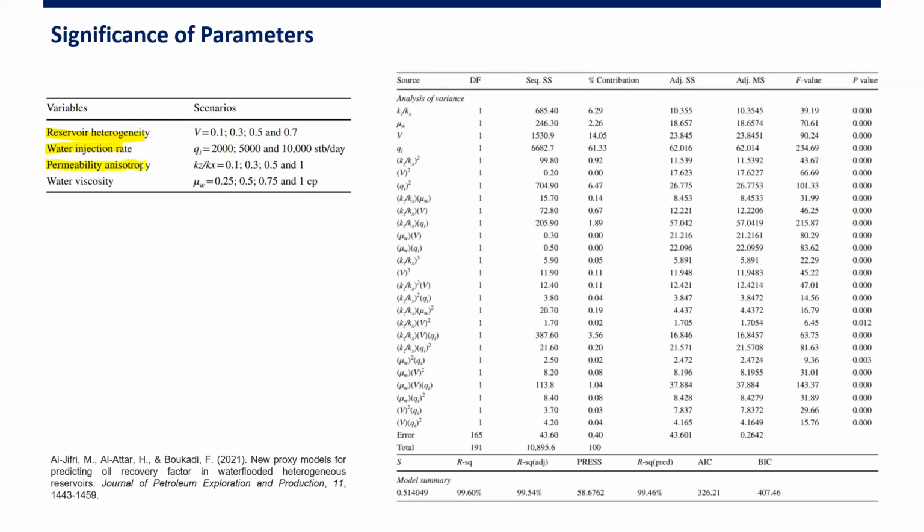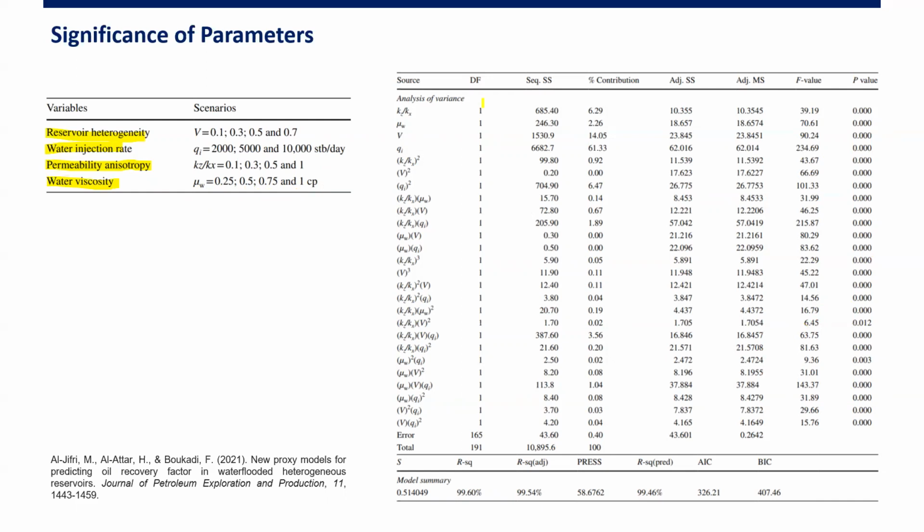Permeability anisotropy, vertical divided by horizontal, of 0.1, 0.3, 0.5, and 1, which is homogeneous. And lastly, water viscosity of 0.25, 0.5, 0.75, and 1 centipoise.